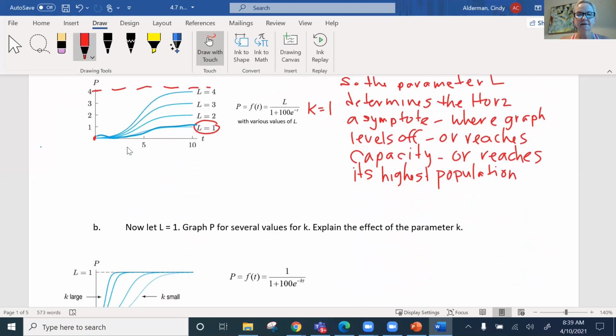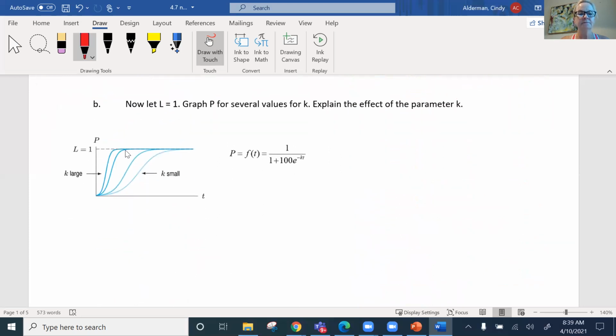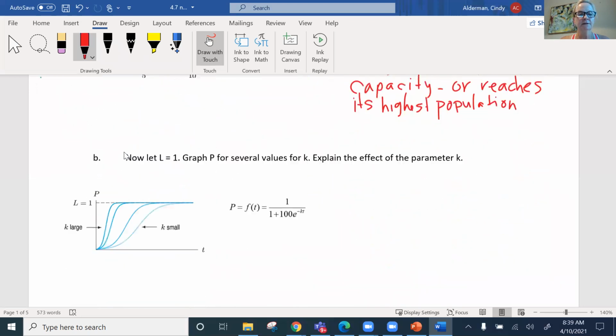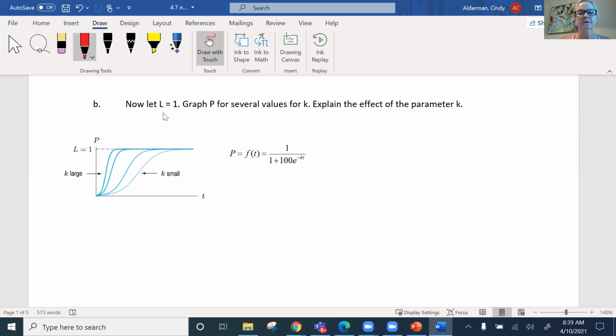Let's look at another parameter. So for this one, we're going to forget about L for a minute and just make it equal to 1 and see what happens when we change the K value, right? Okay, so basically we've done 3 different graphs here.